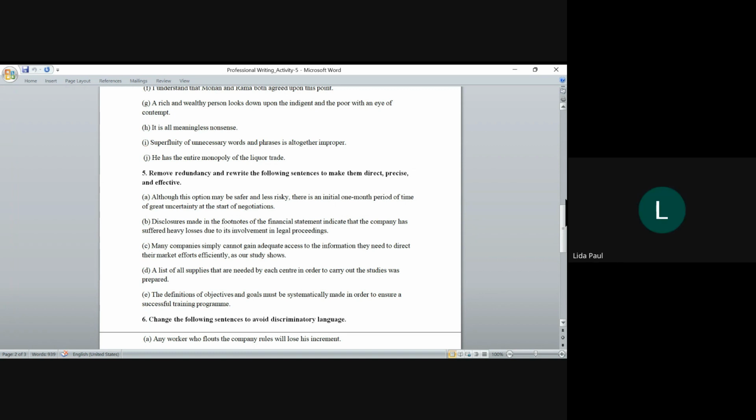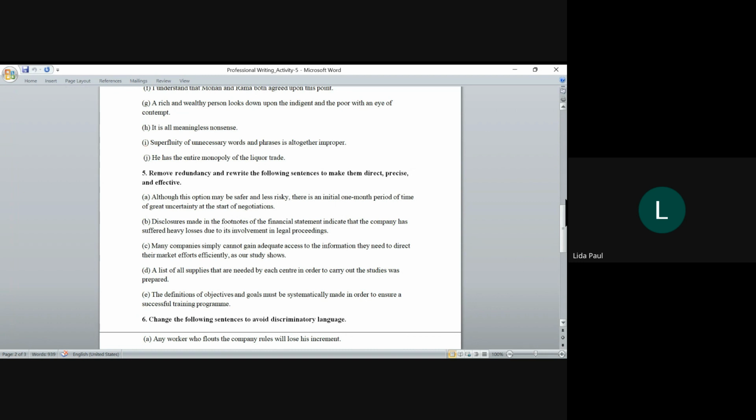Most of what you see after that are things that are relevant to the sentence. You cannot probably remove anything from that clause, that the company has suffered heavy losses due to its involvement in legal proceedings. So we can let that be. There is nothing irrelevant in that part.